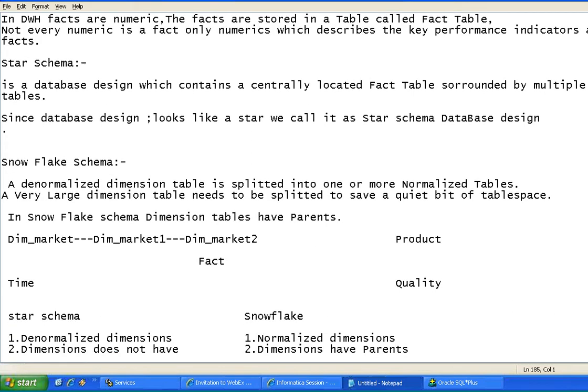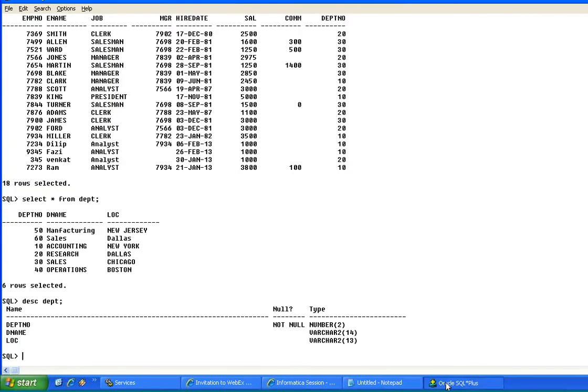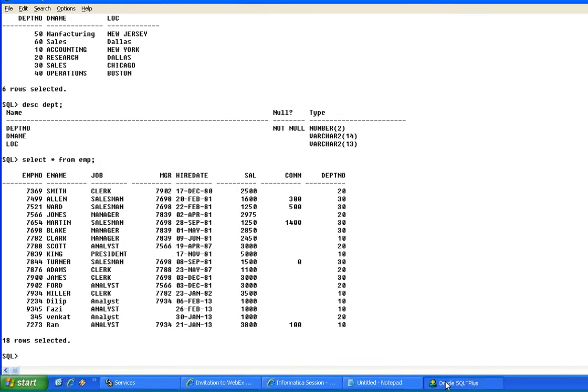No. For example, let me give you a simple example. If I take something like an EMP table, let us think we have some data in this EMP table. This is a form of denormalization, let us think. We are not going to make it into small components. If I want to make this into small components, I should create another table, EMP1, and it should have a relationship with this DEPT number, which is a primary key.